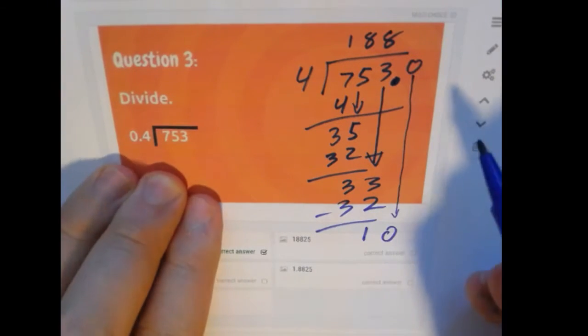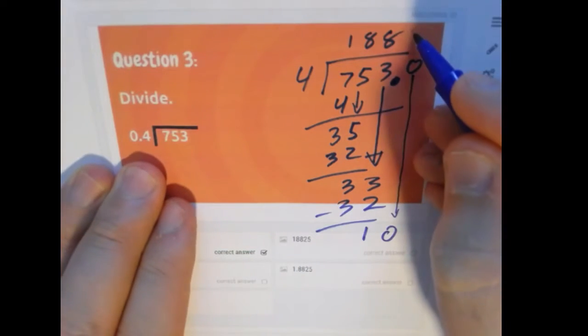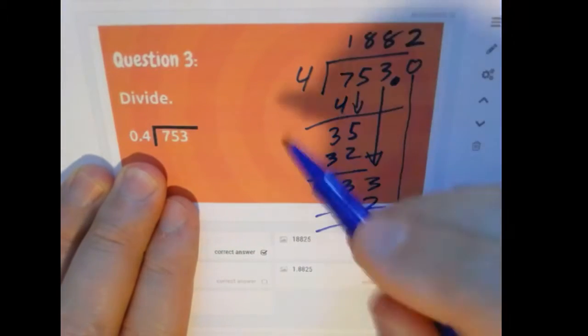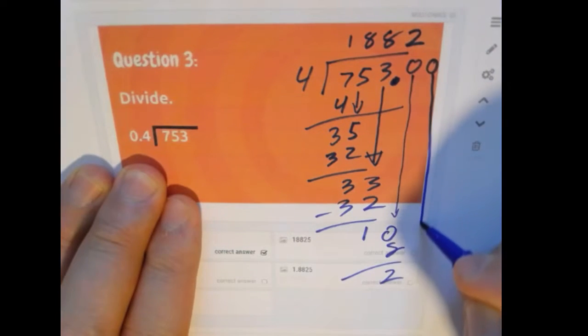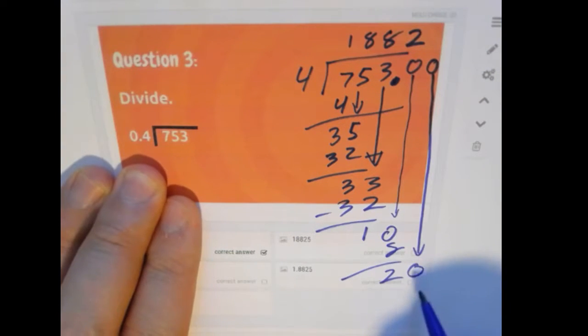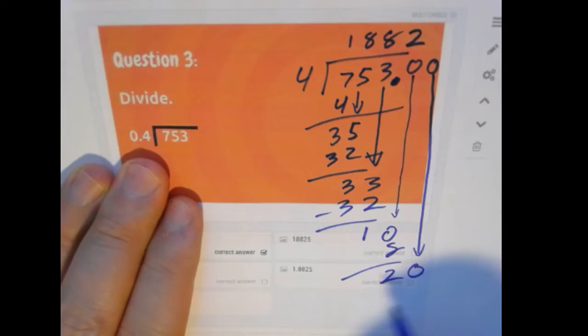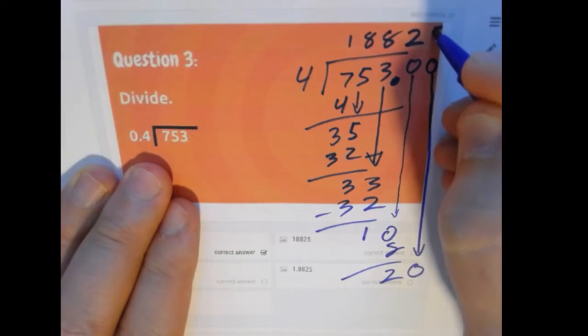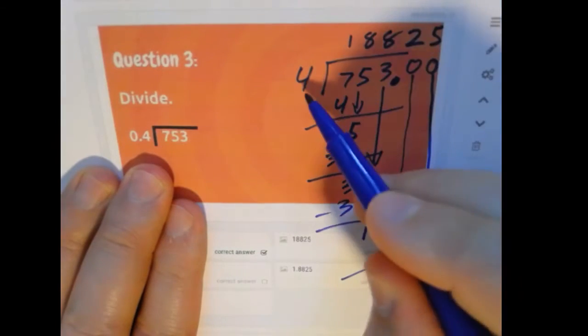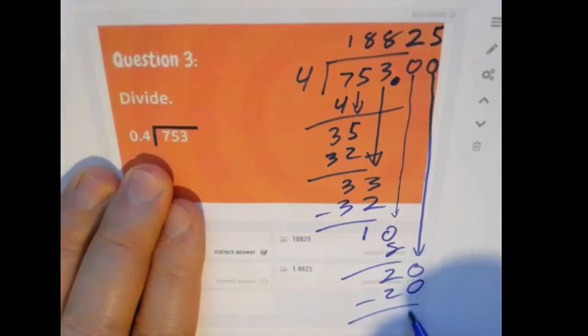Does 4 fit into 10? It does 2 times. 2 times 4 is 8. Find the difference is 2. Make another 0 to get some help. Does 4 fit into 20? Yep, it does. 4 times 5 would be 20. And now we're all done. We have no remainders to worry about.